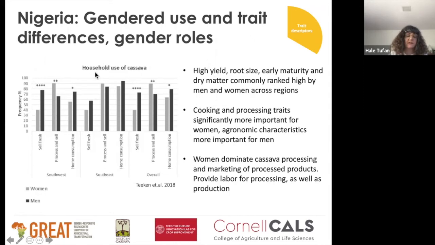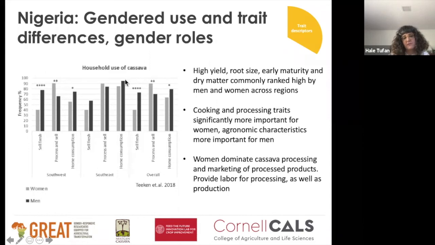But I think this left-hand figure really shows the interesting part about intersectionality. If you look at this right-hand side, when we look at all men and women across Nigeria from our surveys, if you look at how men and women are saying their household use of cassava, you see that men will more often mention that they're selling fresh roots of cassava, whereas women may more often be mentioning they're processing and selling the processed product. So if we take this at face value, we can say that generally men are selling fresh, whereas women are processing and selling.